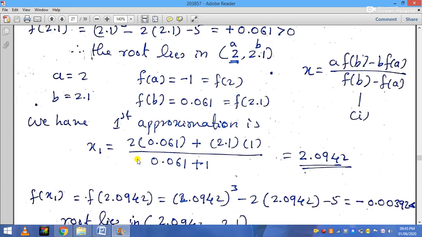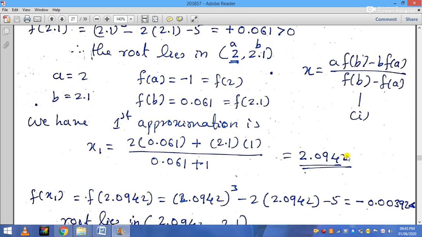So put 2 into f of b, which is 0.061, plus 2.1 into 1, because minus and minus make plus, divided by f of b, 0.061, minus of minus 1, so that becomes plus 1. On simplifying, we get x1 value is 2.0942.